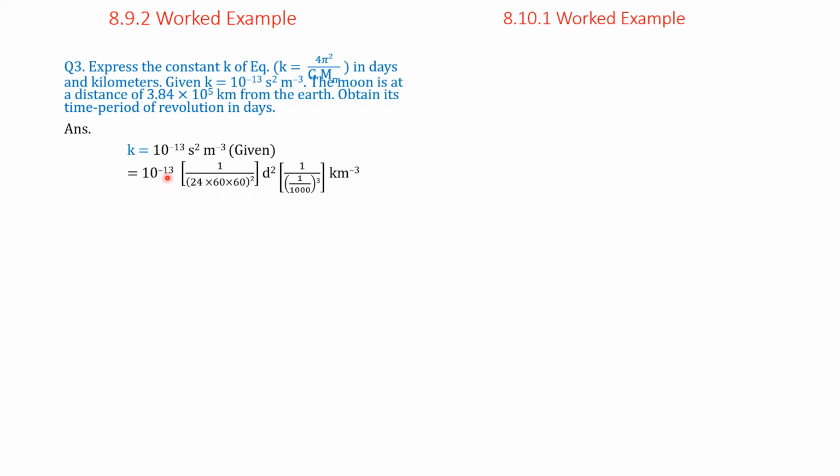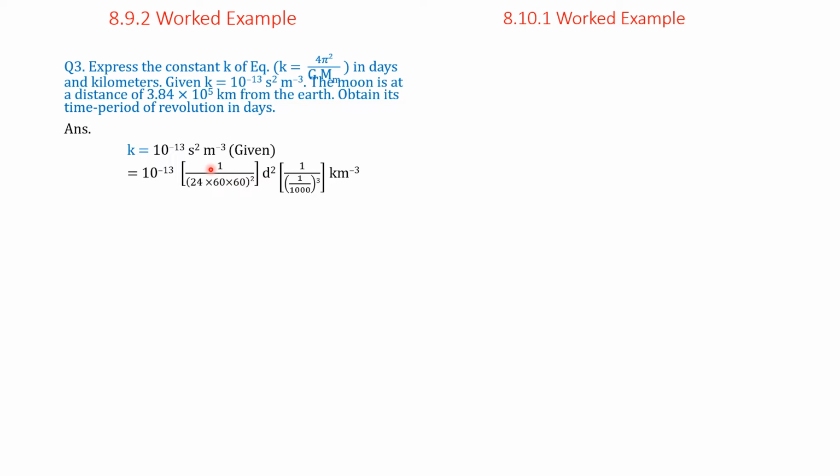Therefore, it is 10 to the power of minus 13 into 1 over 24 into 60 whole square, because s square here, into days. This is converted, seconds is converted into days. Hence it is d square.